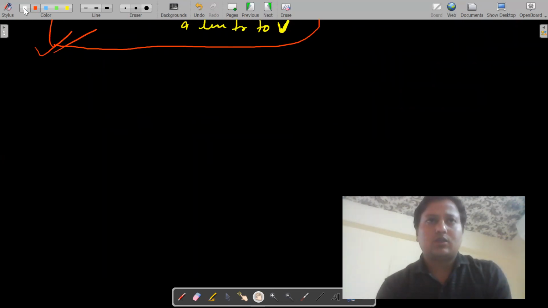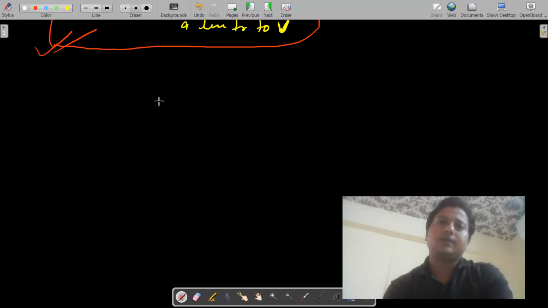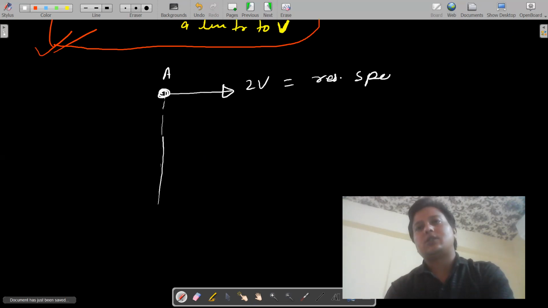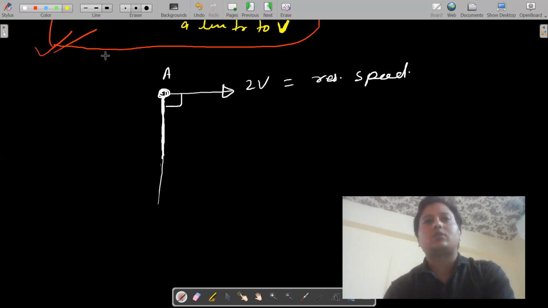So what is the radius of curvature of point A? We see that for point A the speed is 2v, and this is also the resultant speed, and perpendicular to this resultant speed is this line, and the body is rotating with omega, so the centripetal acceleration is inward in this direction, omega square r.